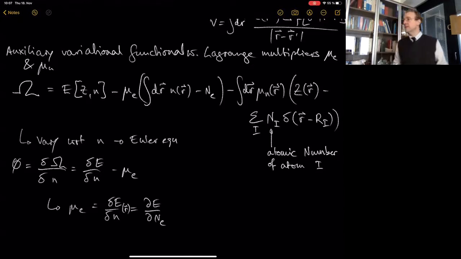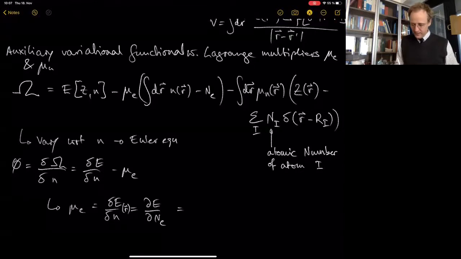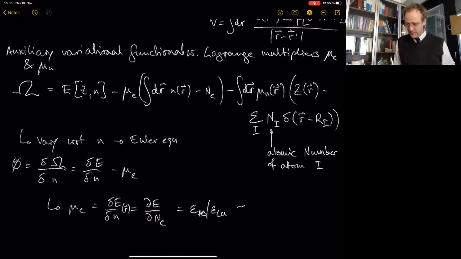And so this is a global constant, and this is, according to Janak, then related to HOMO or LUMO, depending how you go. And so it's also interpreted as electronegativity. You should look at Koopman's theorem, right?